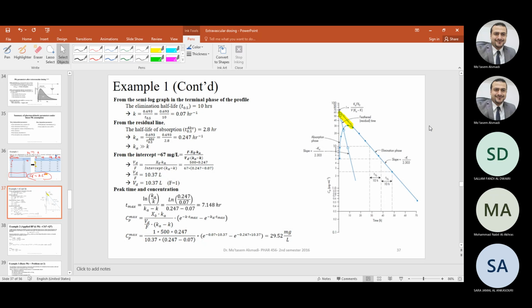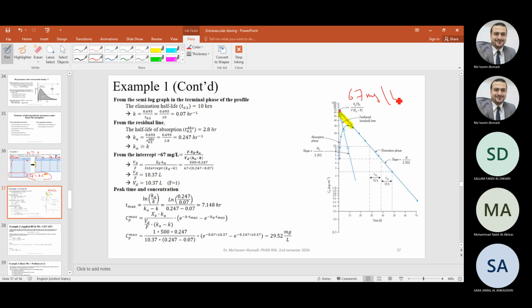Now, upon extrapolating the values, we found the intercept, which is the capital A, right? That was found to be 67 milligrams per liter. So this intercept here is equal to 67 milligrams per liter. How can I use the intercept?